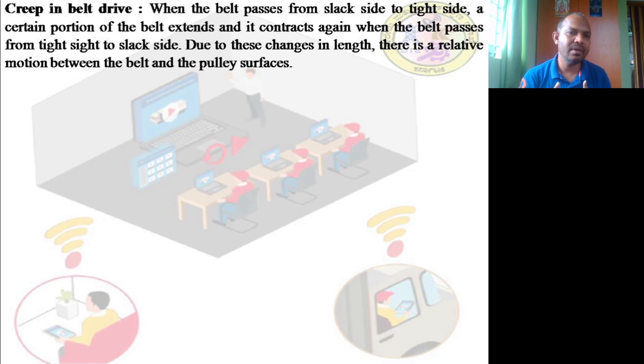Slip is because of insufficient frictional grip between the belt and the driving or driven pulley. Whereas the same belt, because of the motion of the belt relative to the driving and driven pulley, experiences unequal, I'm so sorry, not insufficient, unequal expansion and relaxation, stretching and non-stretching of the two sides of the drive, which is known as the creep of the material.